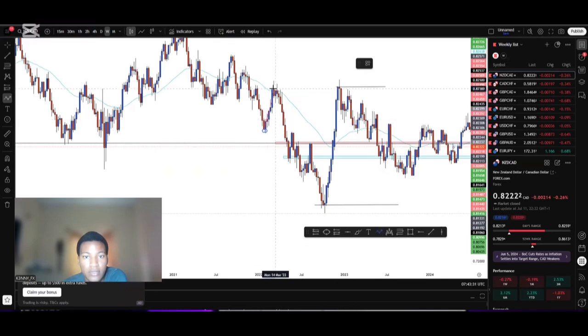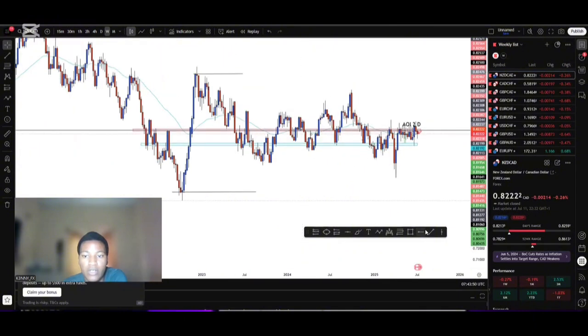This was a lower high, lower low, lower high, lower low. So when it broke above, this became the higher high, and this was the higher low. Before this will go bearish again, price has to break under this level for it to become bearish. So the weekly is still bullish.